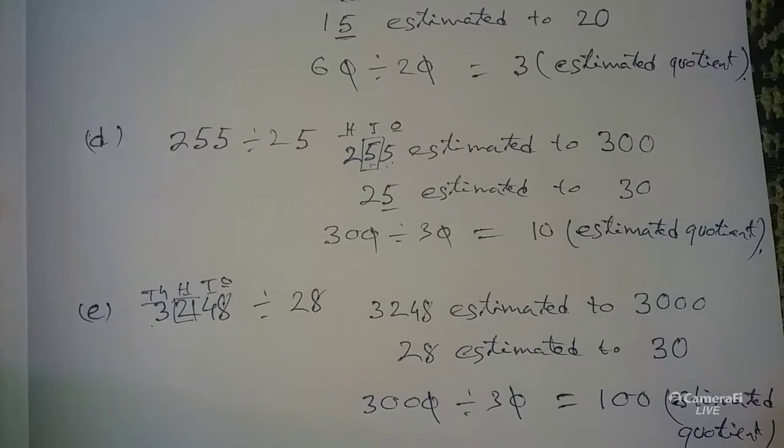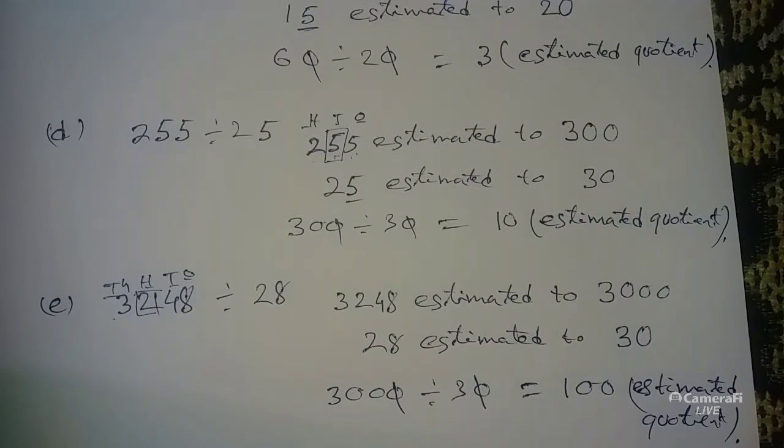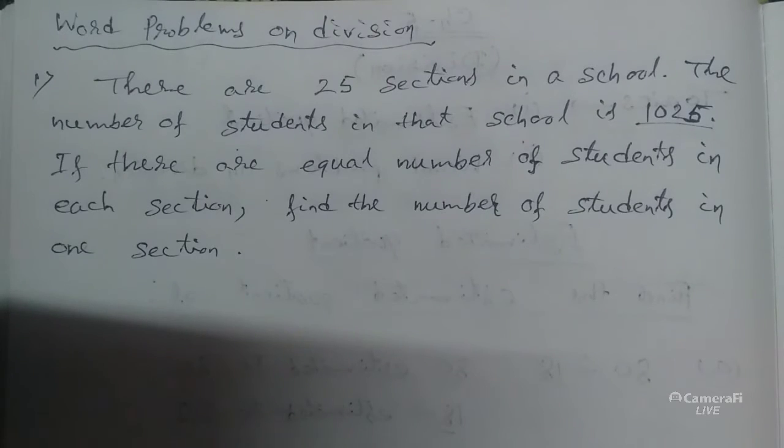Okay, so in this way we can estimate the division problem and find the estimated quotient. Let us now come to the next topic, word problems on division. In word problems you have to first read the question carefully and then decide which operation will be used.